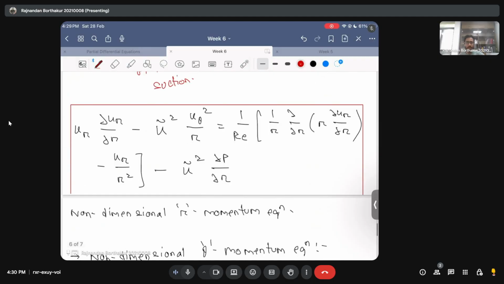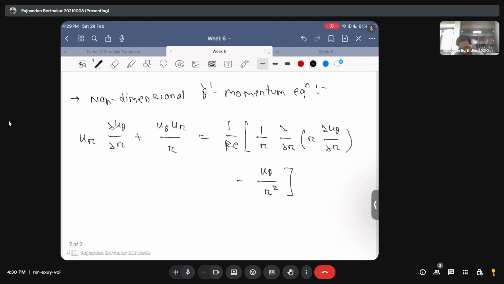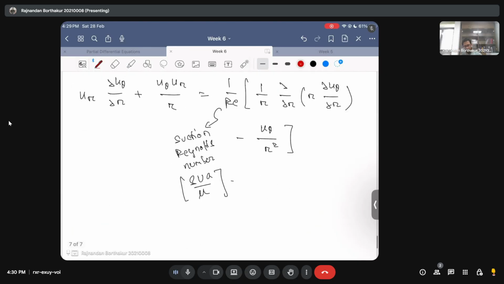You need to do the same exercise as we had been doing for the r momentum equation. You will simply end up getting this form, where again this Re is nothing but your suction Reynolds number, which is equal to rho times u A by mu. That's exactly what you'll get. That's your theta momentum equation.